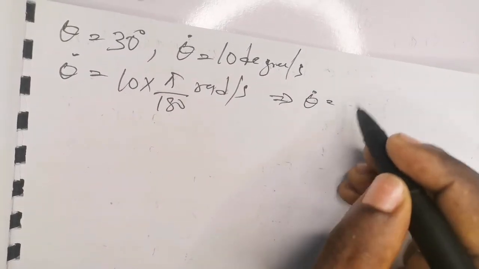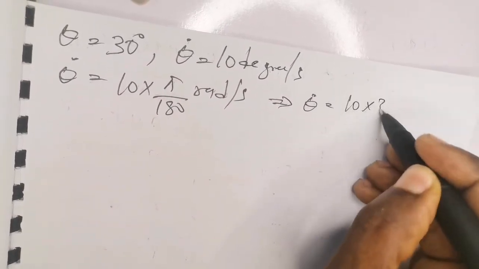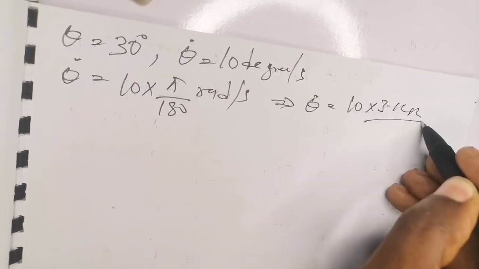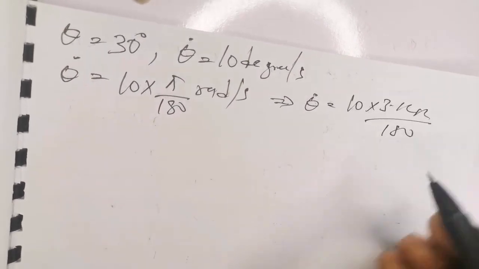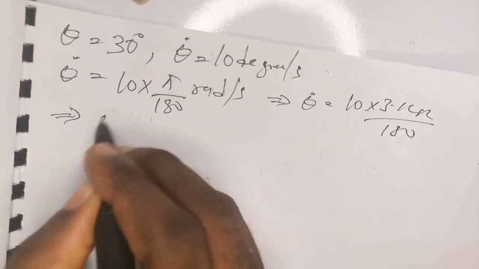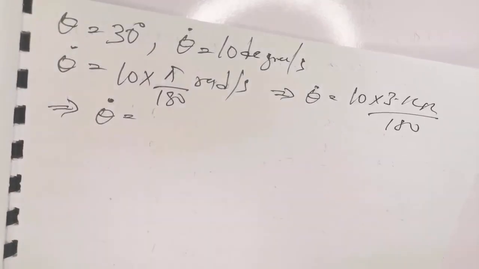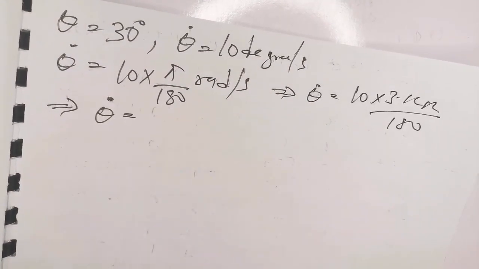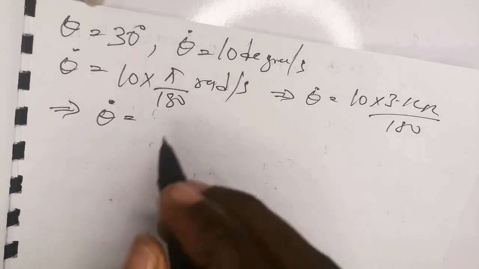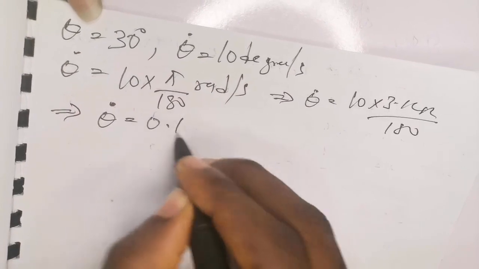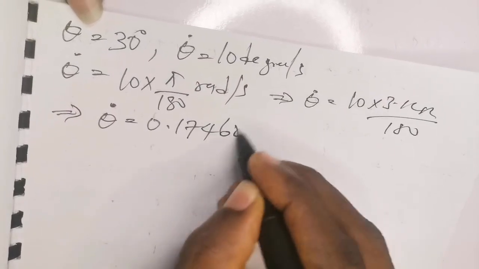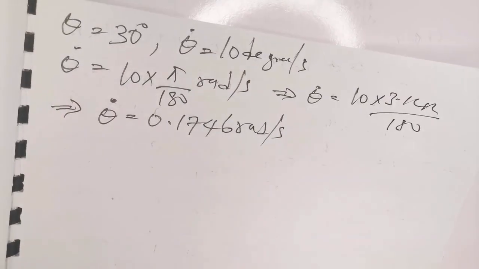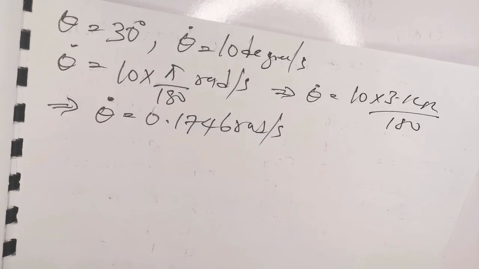So this is actually 10 times 3.142 divided by 180. So our angular speed theta dot is approximately 0.1746 in radians per second.